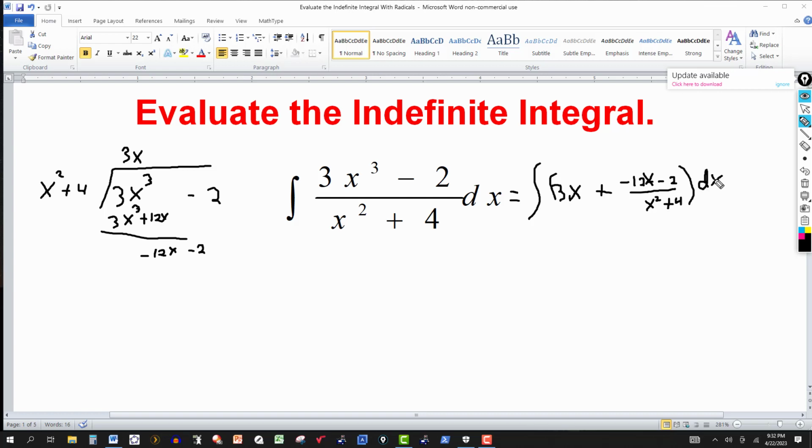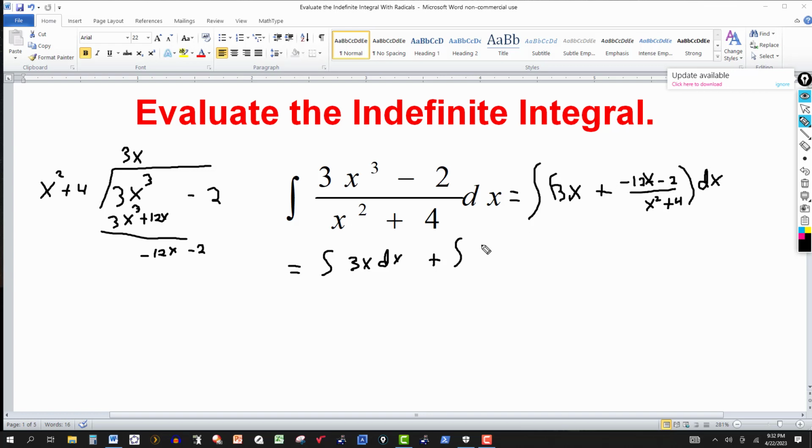I'm going to break this down into 3 separate integrals. It's going to equal the integral of 3x dx, distributing the integral there. That'll be easy to evaluate, it's just a little monomial. Then plus the integral, and this one I'm going to break up into minus 12x over x squared plus 4, and a minus 2 over x squared plus 4.